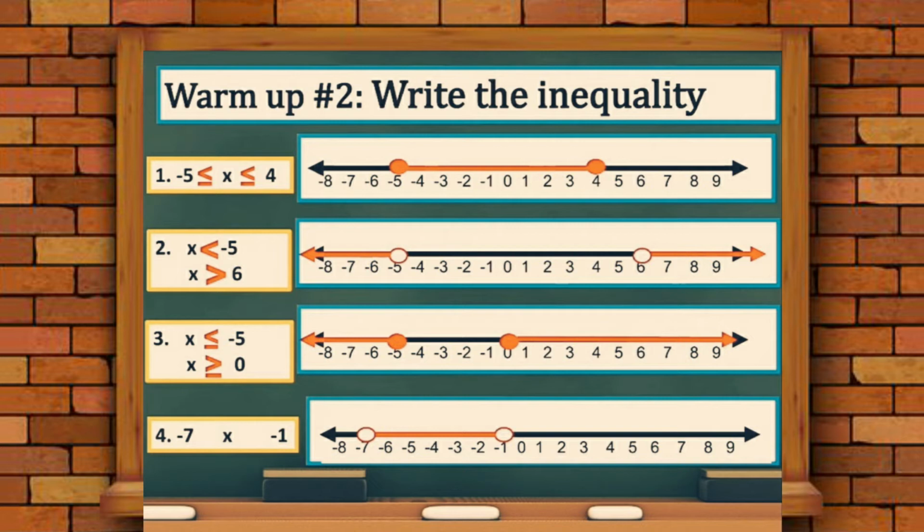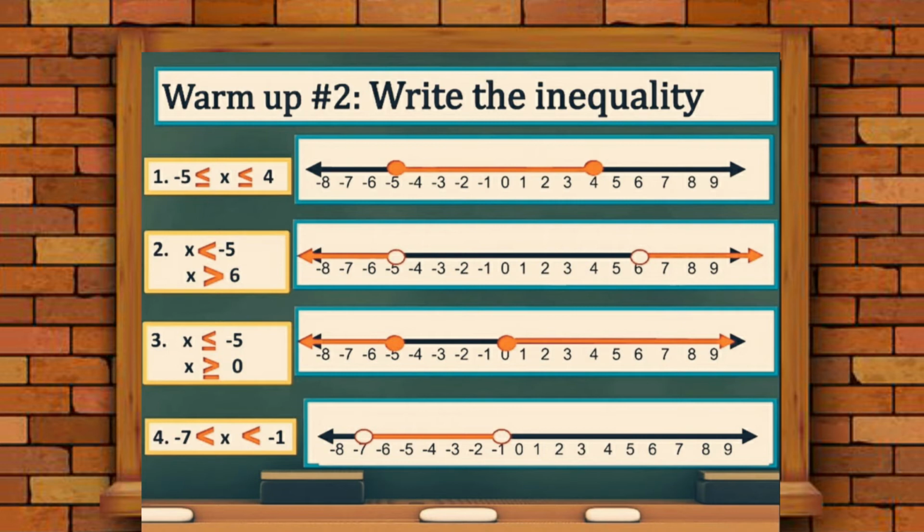Open circle was used. It means -7 is not part of the solution. For that reason, we can use greater than or less than. Since, as we can see, -6, -5, -4, -3, -2, and -1 are greater than -7, therefore, we will use less than. So, -7 is less than x.